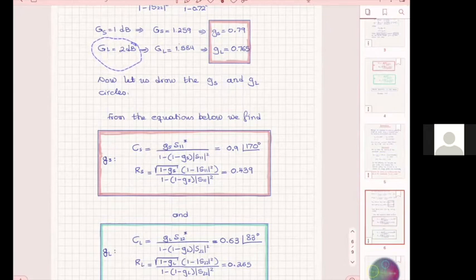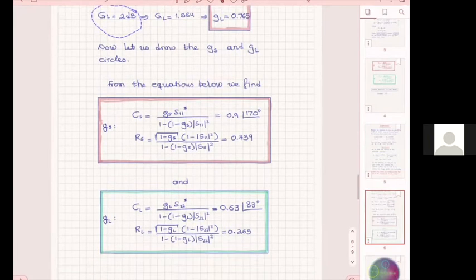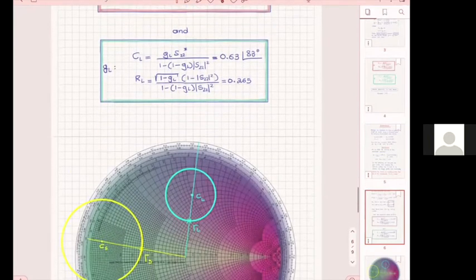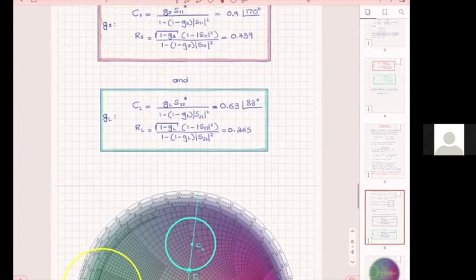All right, what that tells you really is that GS and GL are not unique values for gamma L and gamma S. That's what it tells you.